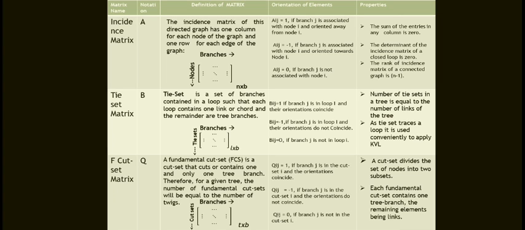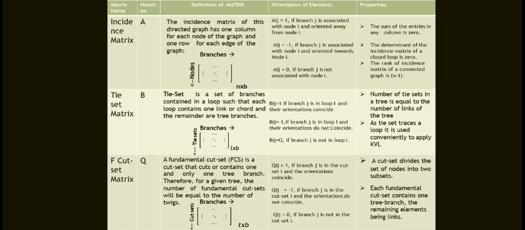Aij is 1 if the branch j is associated with the node i and oriented away from the node i. Aij is equal to -1 if the branch j is associated with the node i and oriented towards the node i.